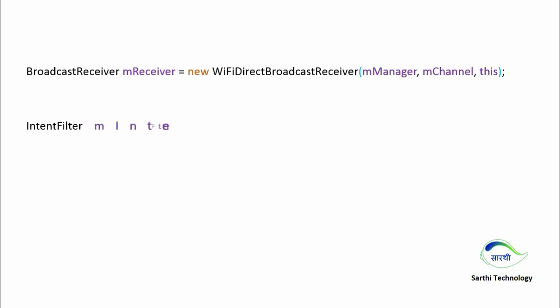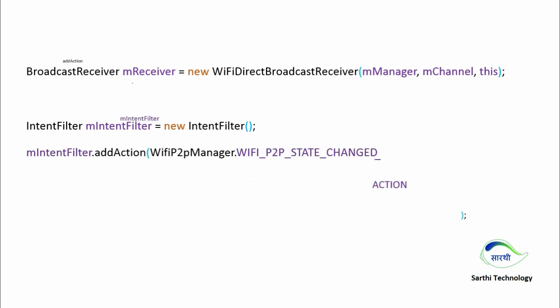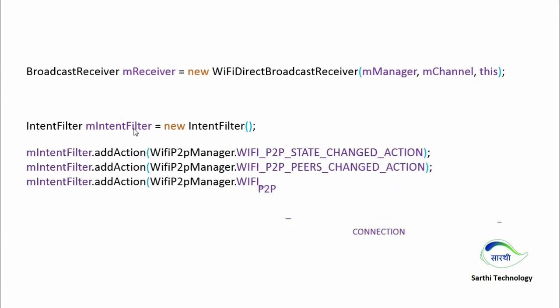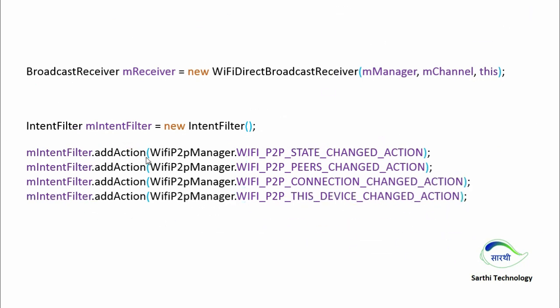After that, create an IntentFilter object and initialize it using new IntentFilter and add all four actions. So mIntentFilter.addAction, and here WifiP2pManager.WIFI_P2P_STATE_CHANGED_ACTION. Same, the other action is WIFI_P2P_PEERS_CHANGED_ACTION. The next is WIFI_P2P_CONNECTION_CHANGED_ACTION, and the last is the this-device-changed action.